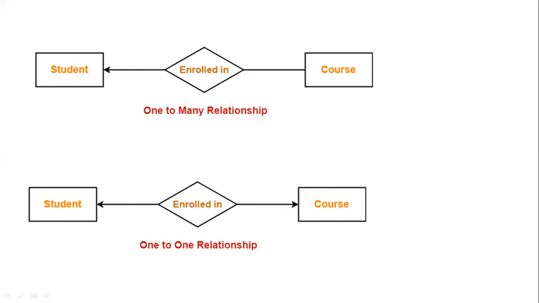Remember that depending on the constraint, the mapping cardinality may vary. For the same example of course enrollment with the student, in the first scenario I consider the constraint that there are a number of courses but one student can acquire only one course.